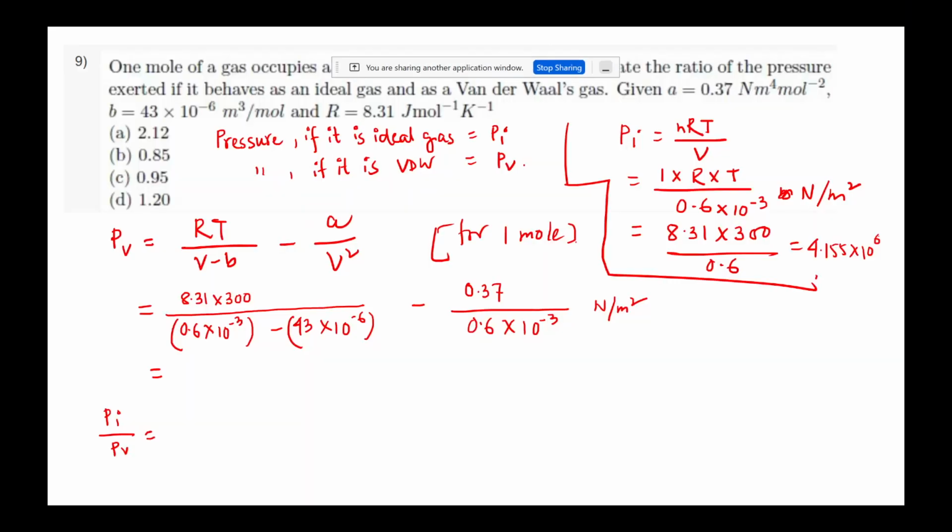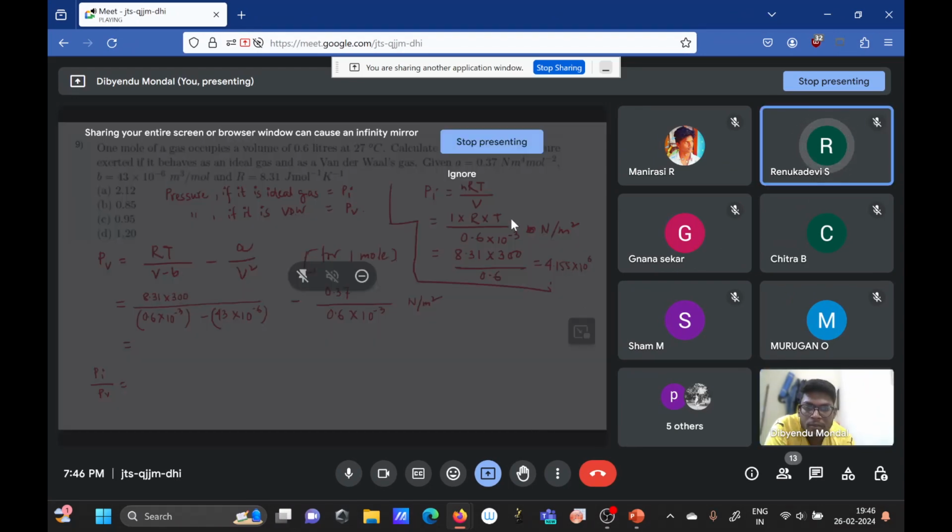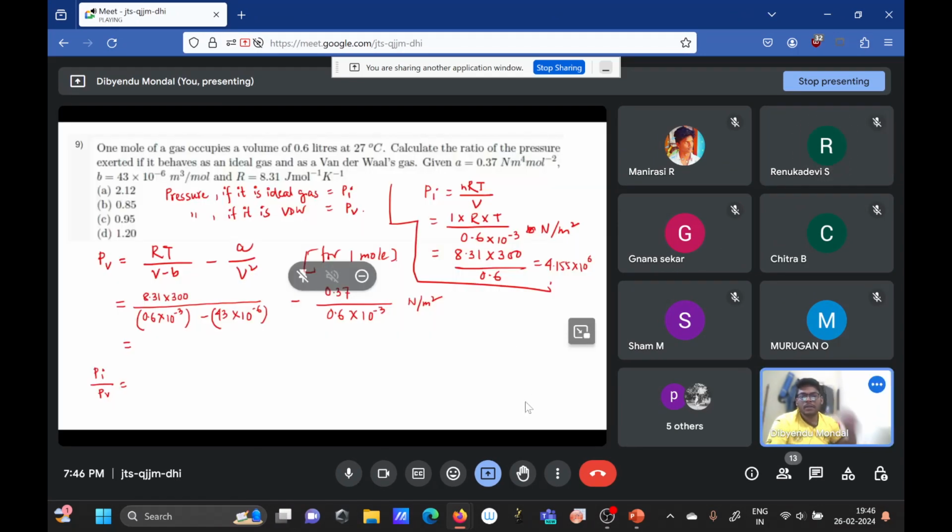Now you can see my screen. Yes, sir. Yeah, my internet went off. So please do the calculation and tell me what is the ratio.